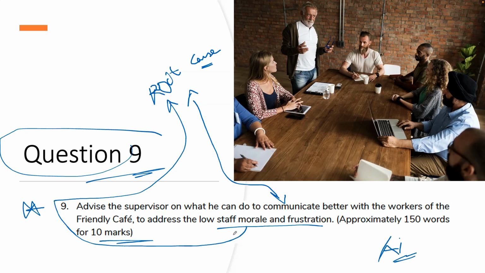Why? Because low staff morale and frustration is generally an indication of a couple of things. And there's generally only three things. One is processes. Nobody is certain and clear about what needs to be done and when it needs to be done. So that's process. I call it the 3 Ps. Two, it is people.